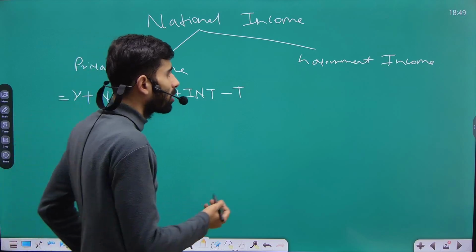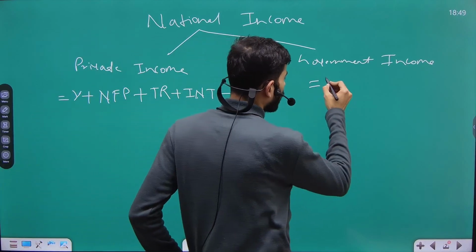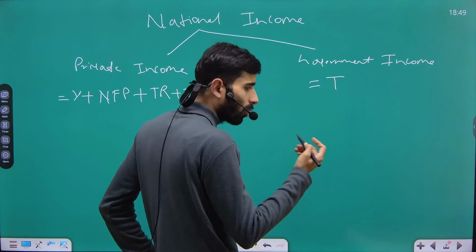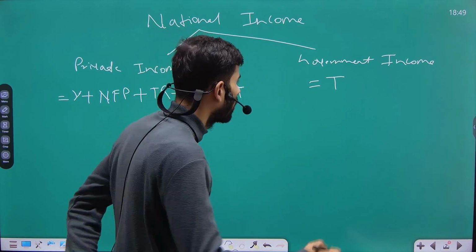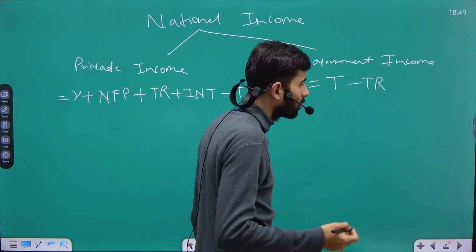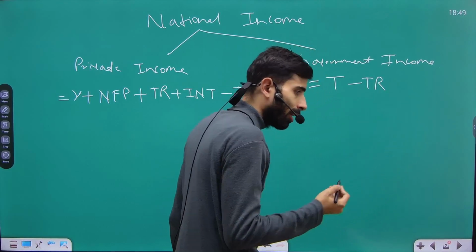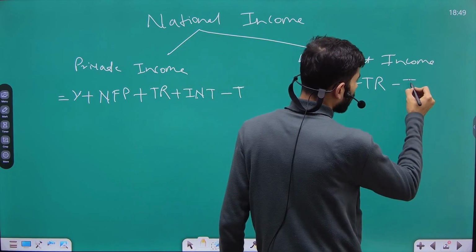From the government side, the government earns taxes, so we write taxes. But the government has to shell out some amount from these collections of taxes. First are the transfers, like subsidies. Then the government pays interest on borrowing, so that has to be subtracted from taxes.